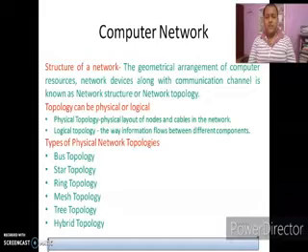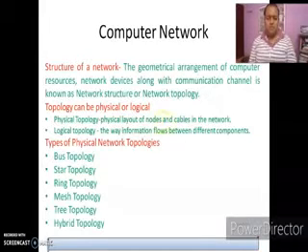The geometrical arrangement of computers and network devices along with the communication channel is known as network topology. It means the way we connect our resources, our devices, via any communication channel, whether guided or unguided, wired or wireless.